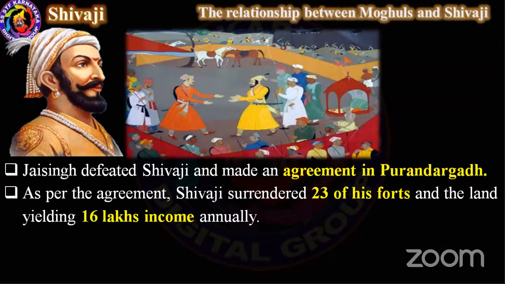Jaisingh succeeded in defeating Shivaji at Purandar, and both signed the agreement. As per the agreement, Shivaji surrendered 23 of his forts and the land giving him nearly 16 lakh income annually.